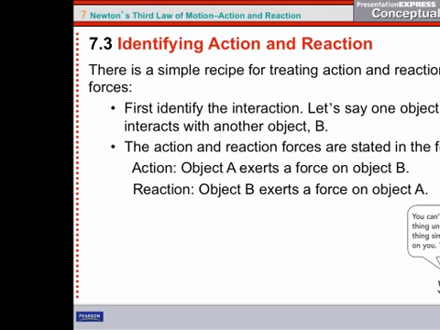So the simple way to do it is if object A exerts a force on object B, the reaction is object B exerts a force on object A. Now, it doesn't really matter which one you consider to be the action force and which one you consider to be the reaction force, but there have to be those pairs of forces.